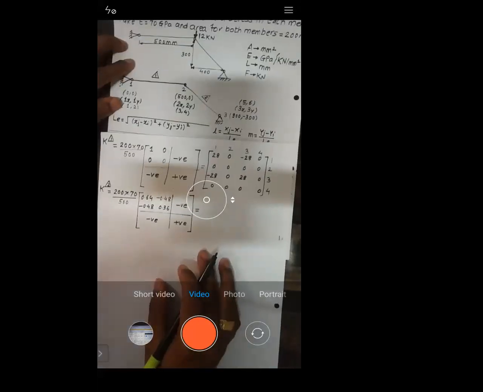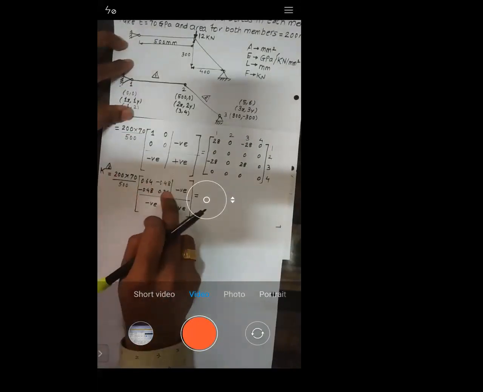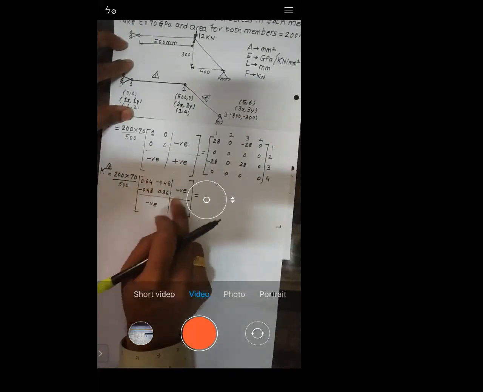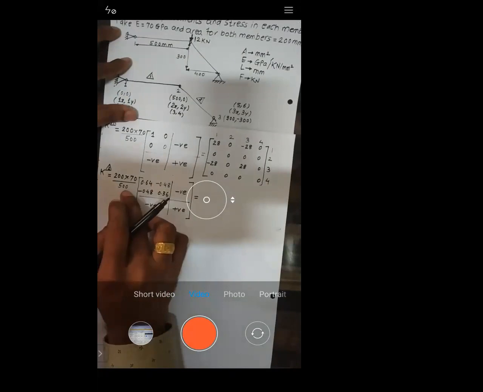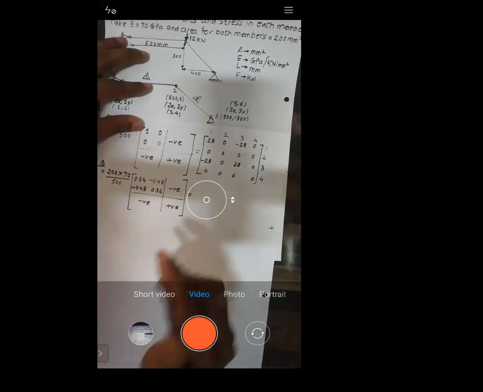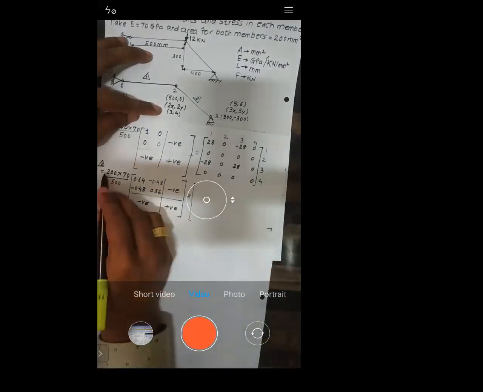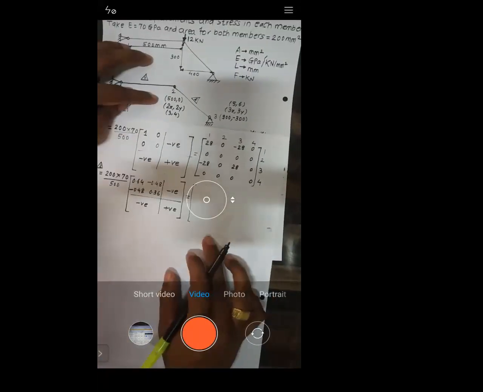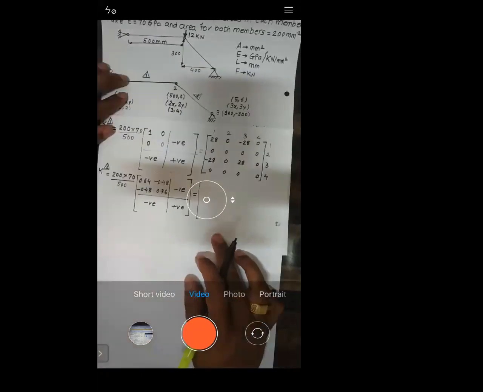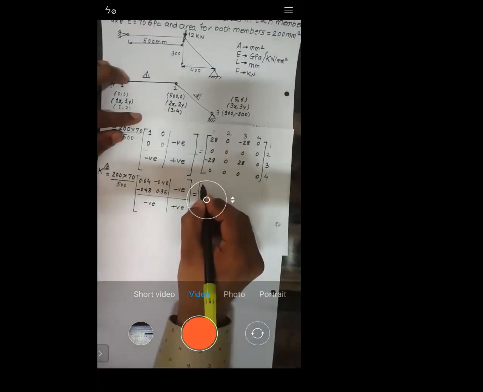See, AE by L of element number 2 into L square LM M square of element number 2. I'm not copying those same things here; I just write minus and here plus. So let me calculate this value. 200 over 500 gives 28. When 28 is multiplied by 0.64, that is 17.92.